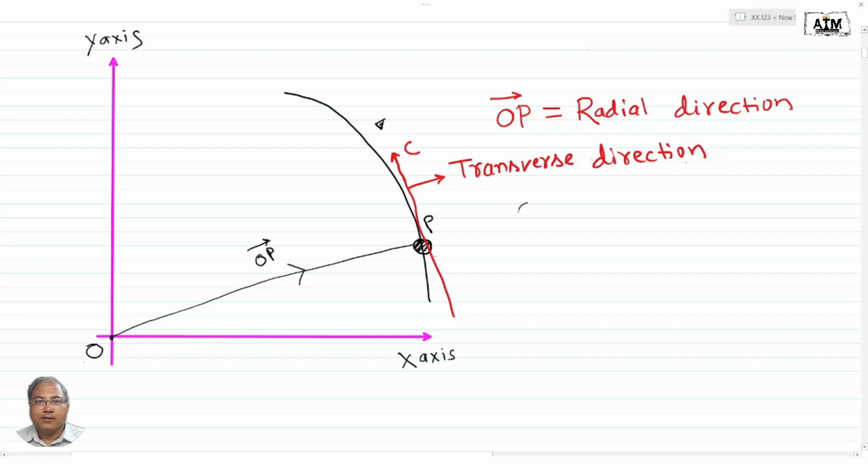Now we can denote vector OP equal to vector R, and vector S is perpendicular to vector OP. Vector S is the transverse vector.